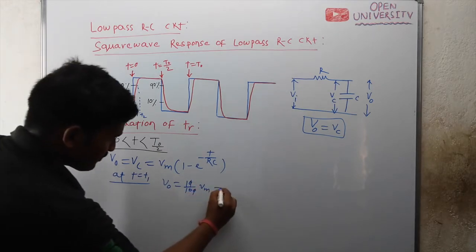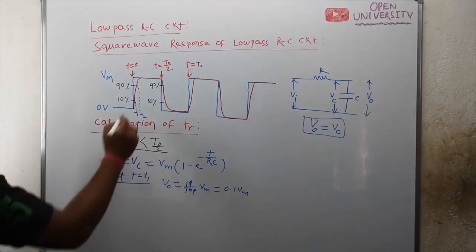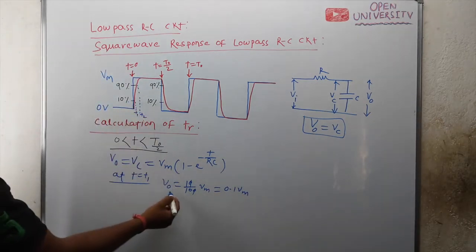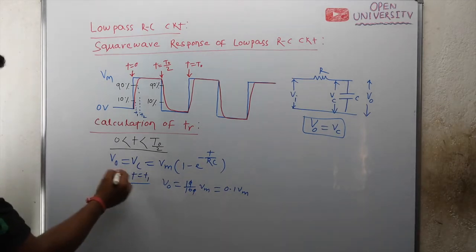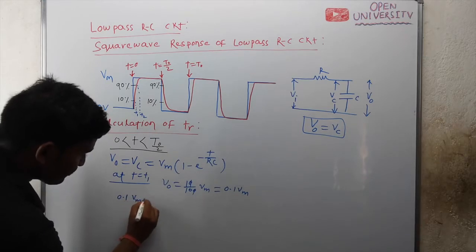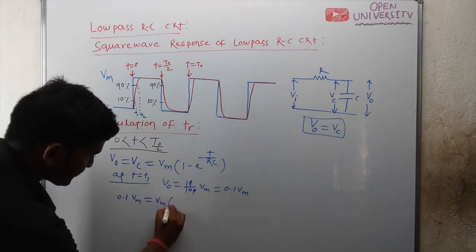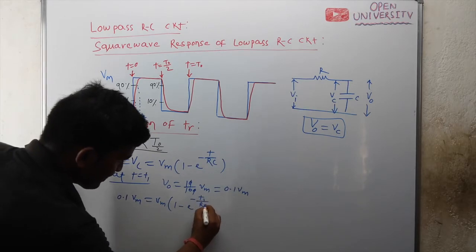That is nothing but 0.1 times Vm. At this point, output voltage V naught is 0.1 times Vm. So I can replace this equation with 0.1 times Vm equal to Vm into 1 minus e power minus t equal to t1 by RC.